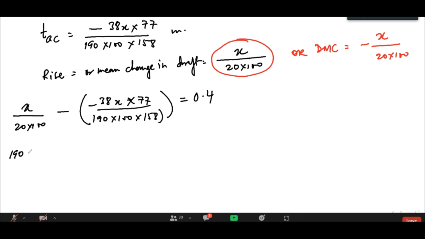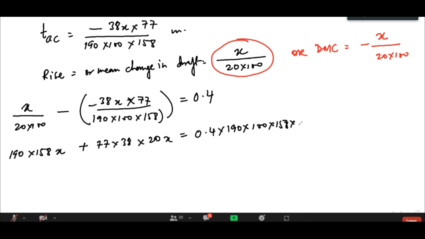So 190 into 158 into 158x plus 77 into 38 into 20x, and this will be equal to 0.4 into 190 into 100. सर 20 में सर x नहीं आएगा, सर 38 में आएगा ना सर. किसमें? 38 के साथ x है ना सर.